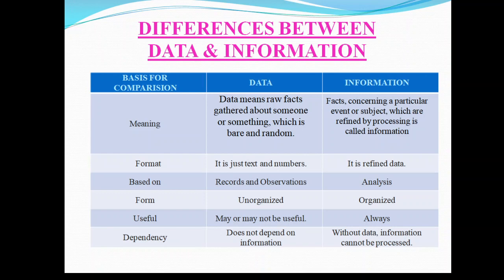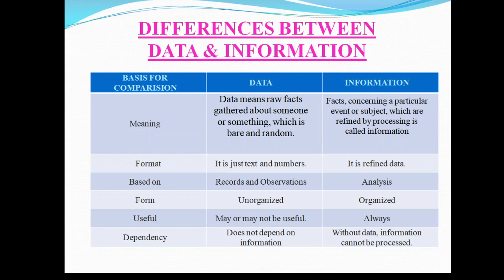Coming to the factor of meaning, data, as we have explained earlier, represents raw facts gathered about someone or something, which are bare and random, and that is the reason we have defined data as a meaningless collection. Coming to information, it is the facts concerning a particular event or subject which are refined by processing.